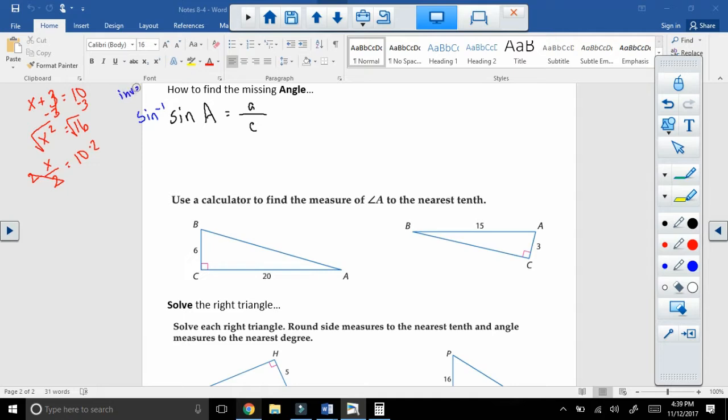What that means is that's just the inverse operation of sine. So whatever you do to one side of the equation to get that to cancel out so you can solve for angle A, you need to do it for both. And this is basically what you're going to be typing into your calculator. Some kids even like this one more, because once you remember that you have to just push inverse, it's usually less buttons to push in the long run.